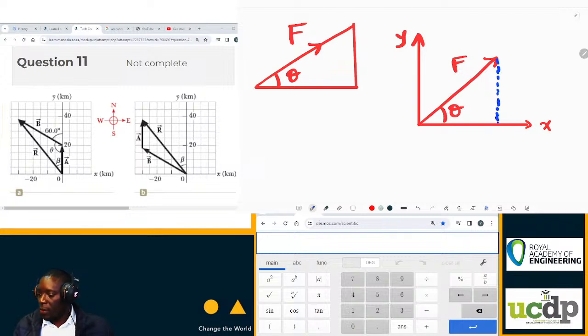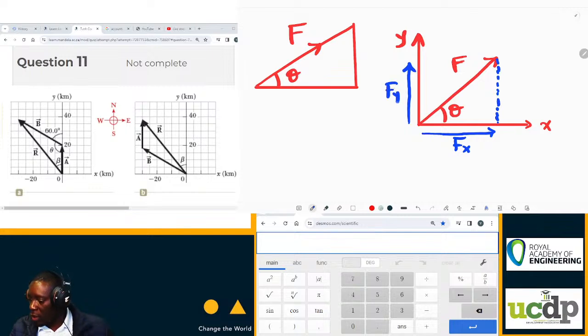are such that, remember, whatever component is down here, it's fx. And whatever component is along here, it's fy. So fy is space invariant.